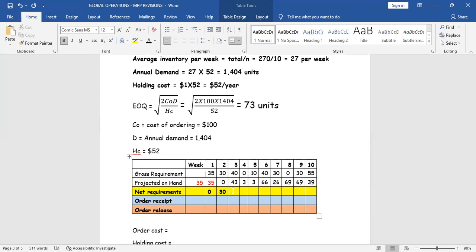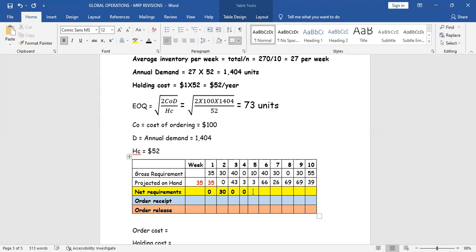The reason is simple. We already have 43, and the gross requirement is what? 40. So 0 here. In week 4, the gross requirement is 0. We already have 3. Should we order? No. We require nothing. In week 5, the gross requirement is 10, and we only have 3 on hand.